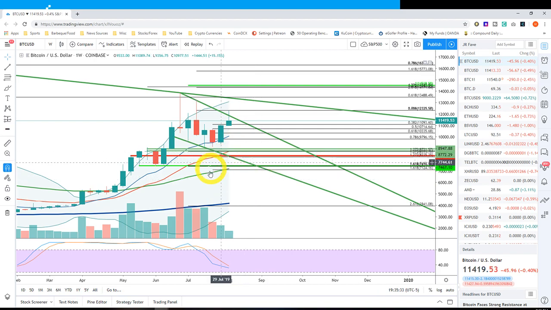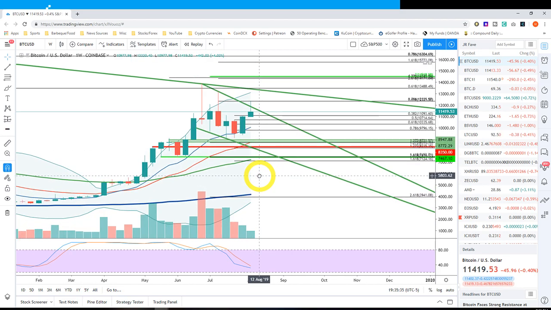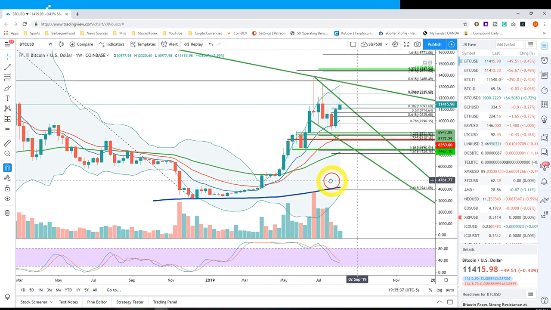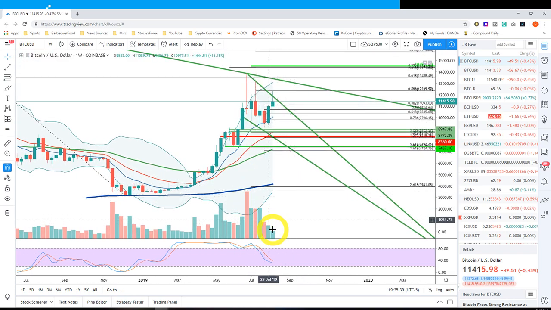Anyway, we'll see what happens. Volume has definitely gone down. And then you've got the stochastic RSI that's still bearish. It's in a downtrend.